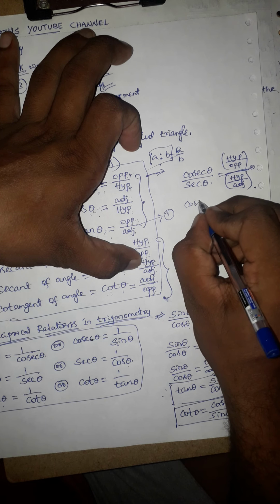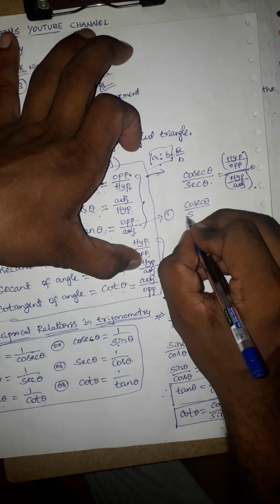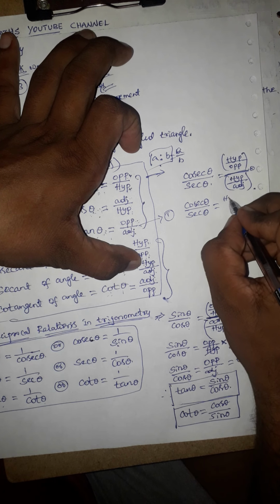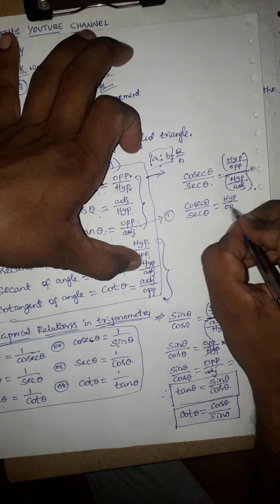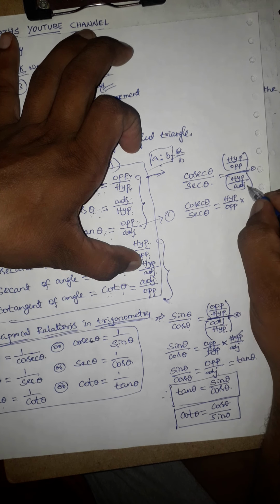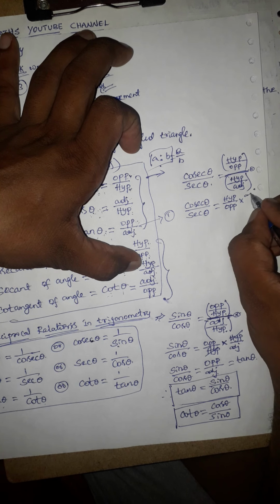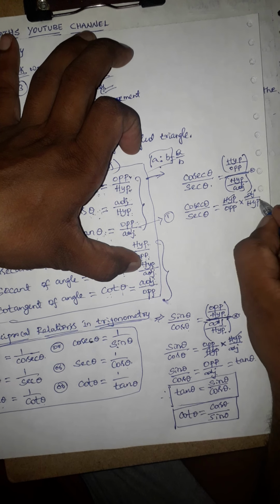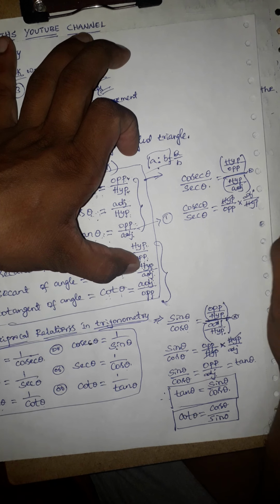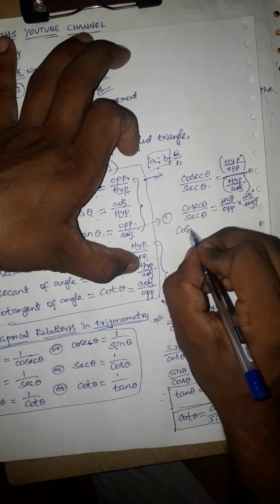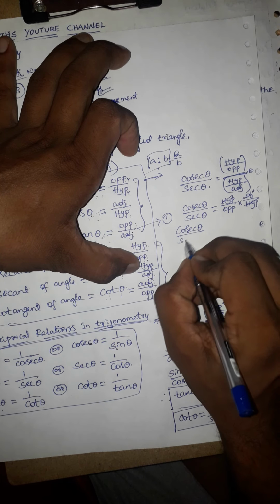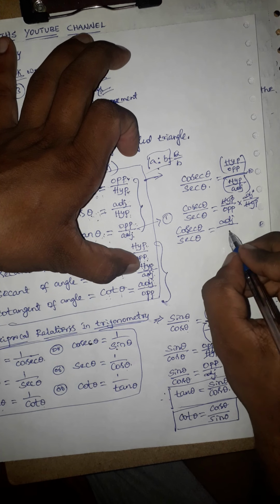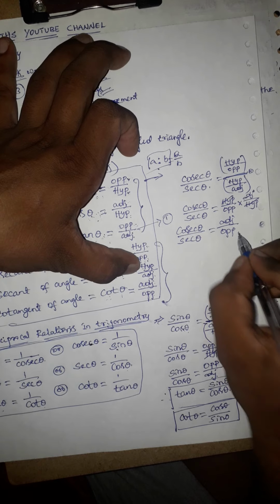So LHS as it is: cosecant theta by secant theta is equal to numerator as it is, hypotenuse by opposite, into the reciprocal of the denominator, adjacent divided by hypotenuse. Hypotenuse cancels. So what remains? Cosecant theta by secant theta is equal to adjacent by opposite.